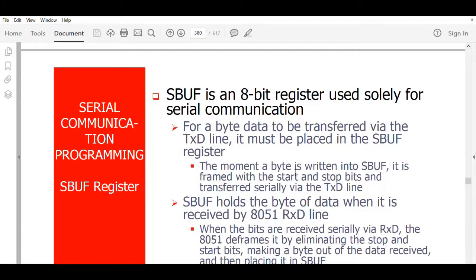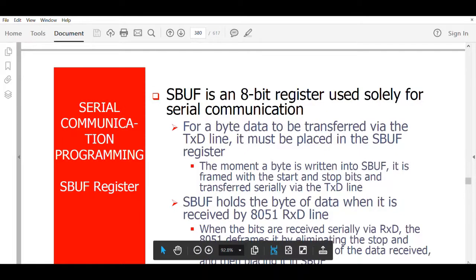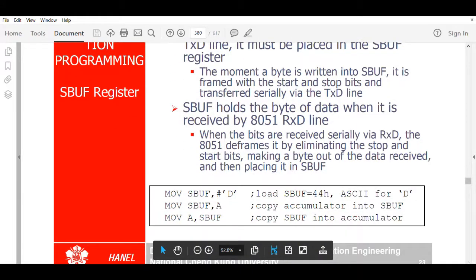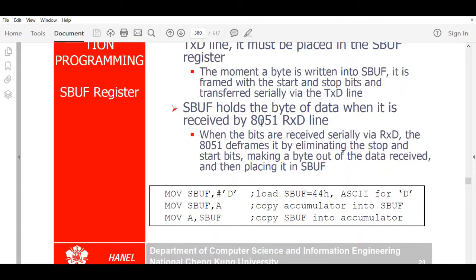If you have a byte of data in SBUF, it will be given the start and stop bits, and the 10 bits will be transferred serially via the transmit line. SBUF gets the data when it is received by the 8051's receive line.